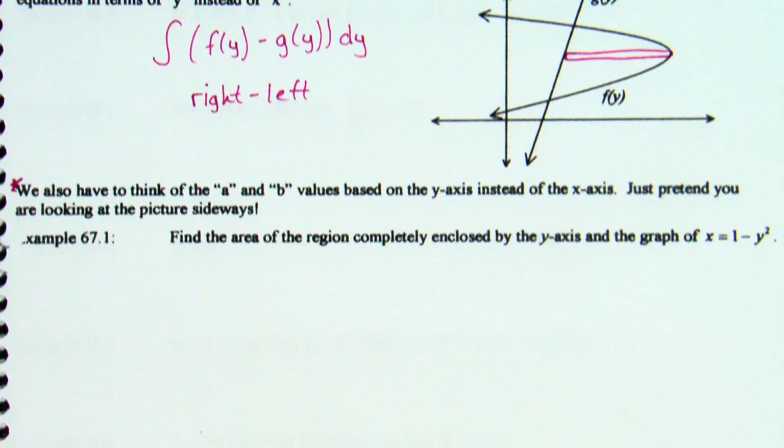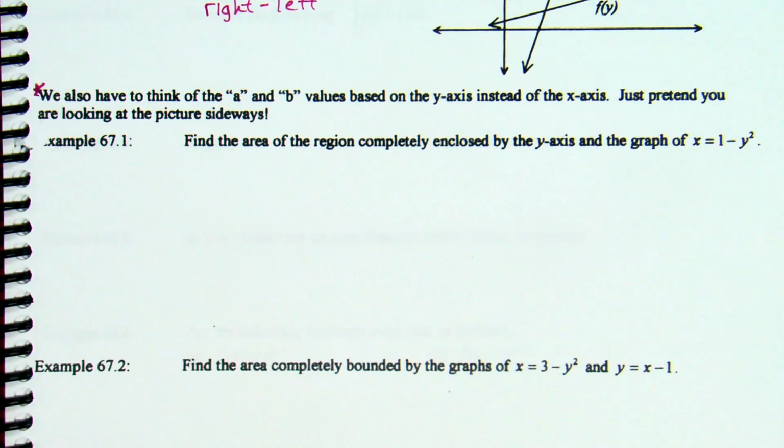Okay. So look at this first example, see what happens. Find the area of the region completely enclosed by the y-axis and the graph of x equals 1 minus y squared. So, first thing I'm going to suggest is that we look at a picture.